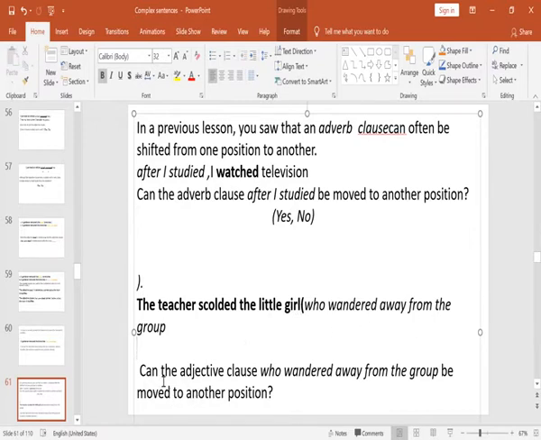Now the question is, can the adjective clause who wandered away from the group be moved to another position? No. If I put it after, let's say, teacher: The teacher who wandered away from the group scolded the little girl. Completely opposite in meaning.